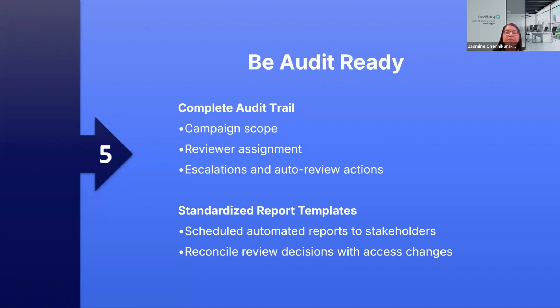You also want a report that reconciles the review decisions that were made with the actual access changes to confirm the right actions were taken. So if you did reject a role, you expect that to be deprovisioned in the target application. So when you go to this reconciliation report, you can confirm that that has happened. So this level of traceability keeps you audit ready at all times, and it builds trust in the whole access governance process.